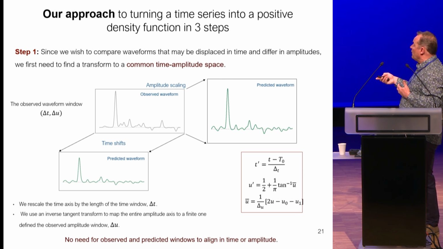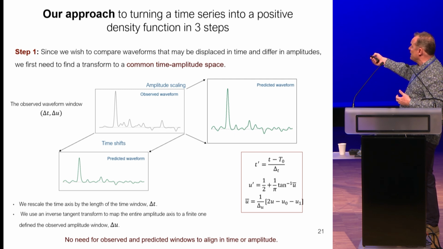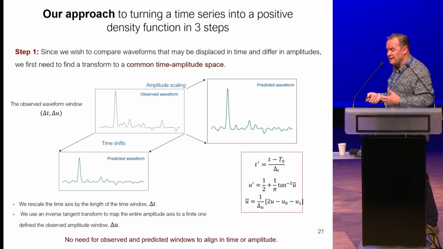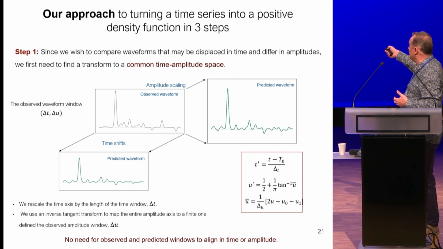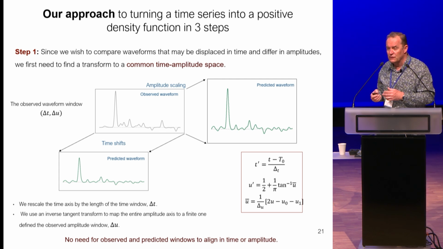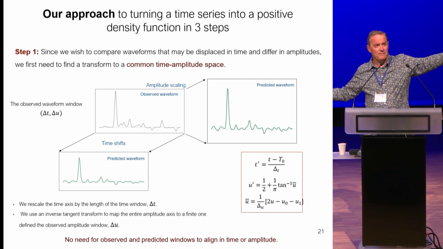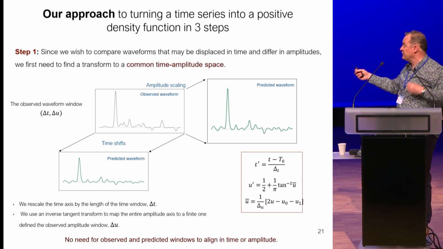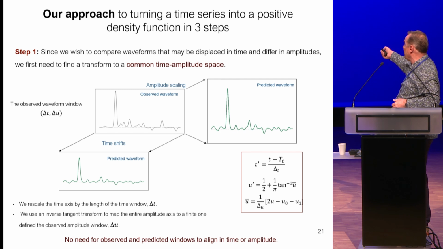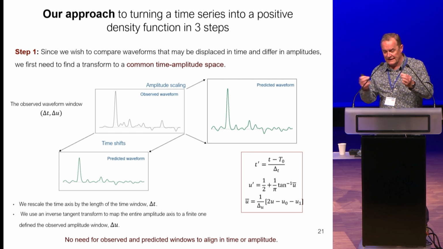So the way we've gone about this approach, which is really the contribution in the paper, is to say three steps. Let's take our waveform, whatever it is, our time series, and simply rescale the amplitude and the time using this transformation here. I'm mapping plus and minus infinity in amplitude down to a finite scale, using an inverse tan transform, and I'm just simply shifting linearly in time.